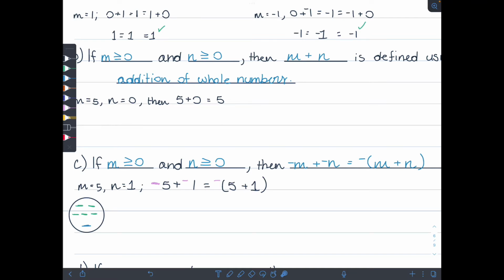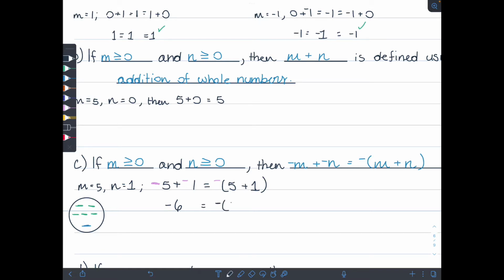Tell me, how many negative charges are there in total? Exactly, negative 6. So negative 5 plus, in addition with negative 1 equals negative 6. We pretty much added 1 new negative charge into this field.